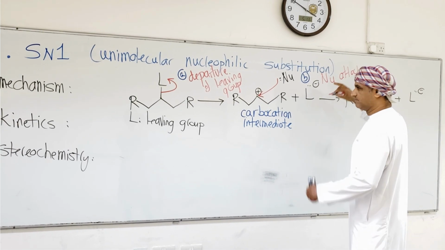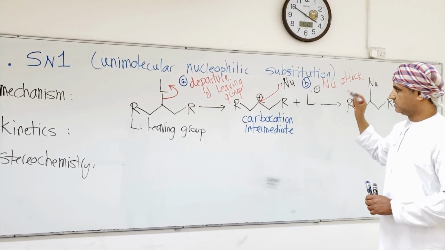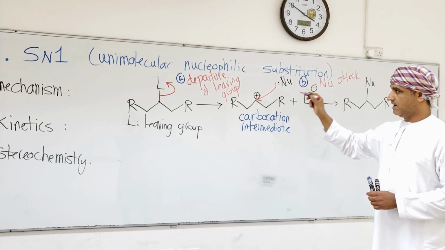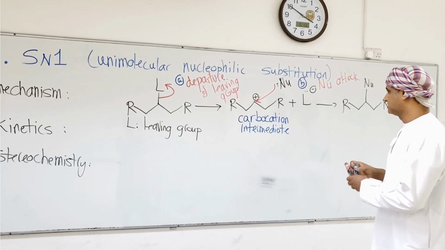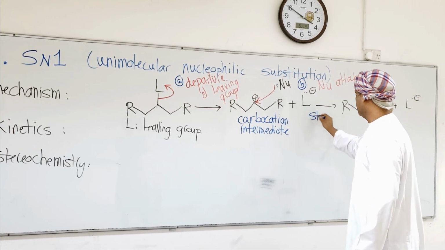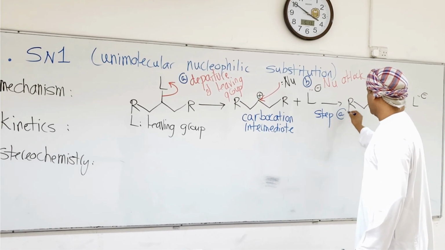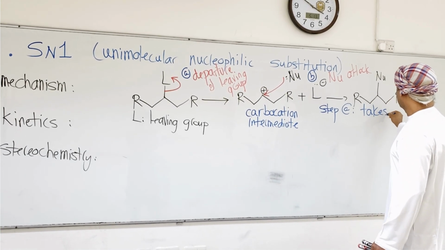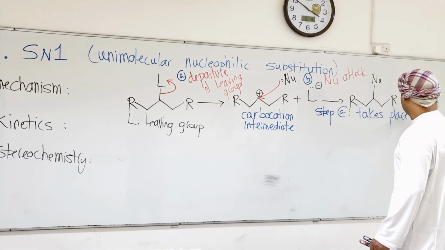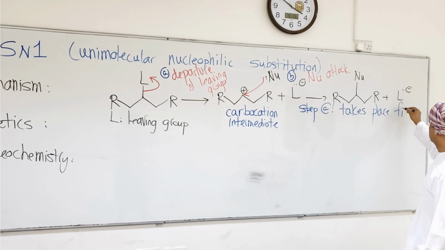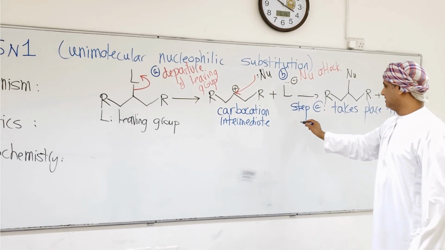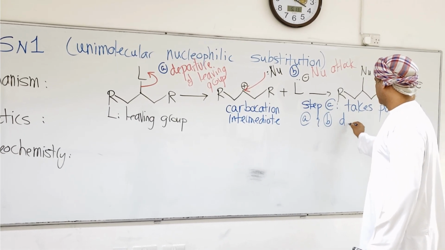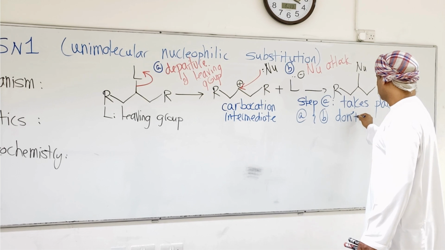So the two steps, unlike SN2, the two steps here in SN1 do not take place at the same time. The departure of the leaving group takes place first. So step A takes place first. So A and B do not take place at the same time.